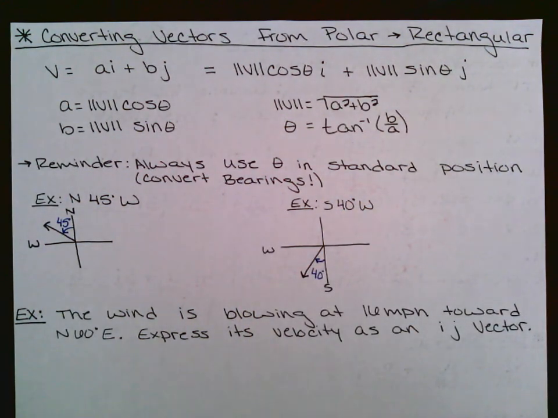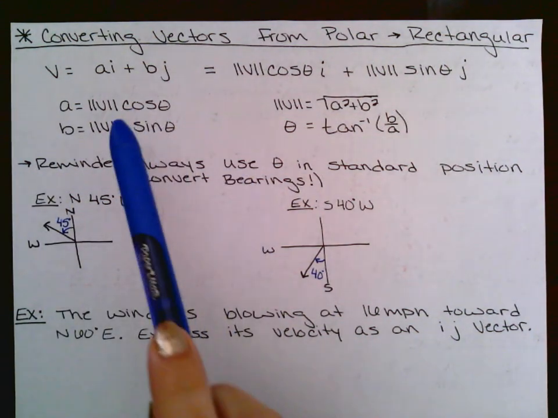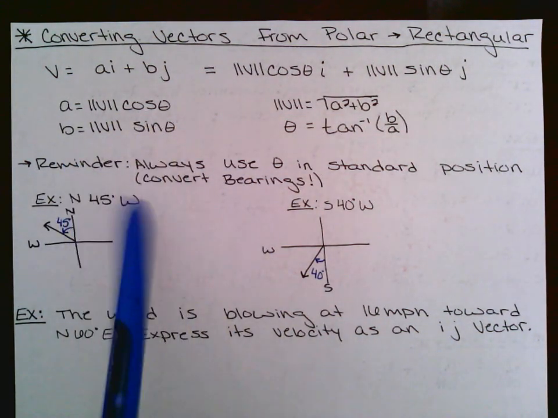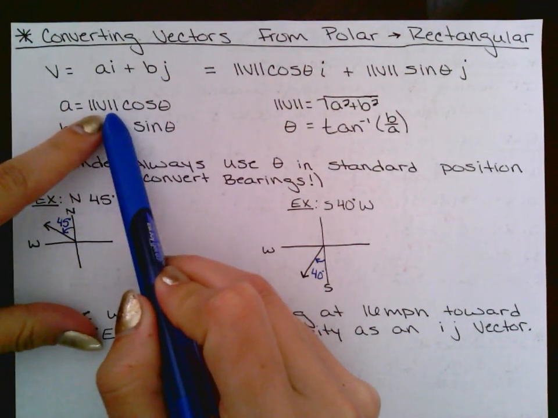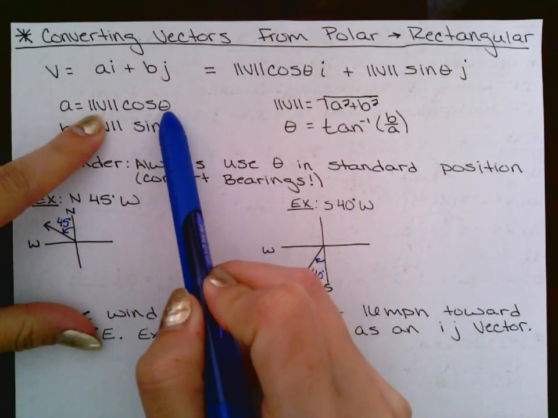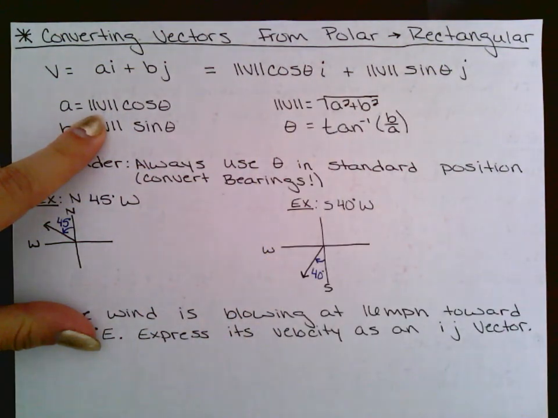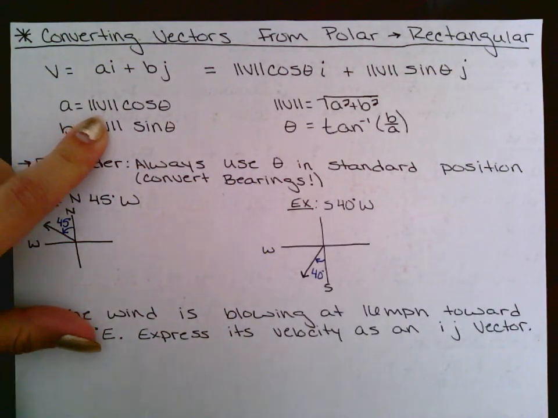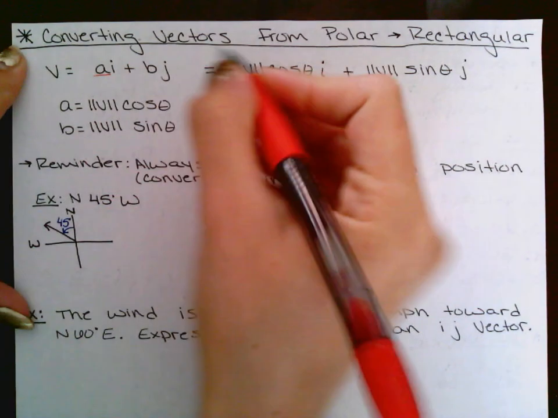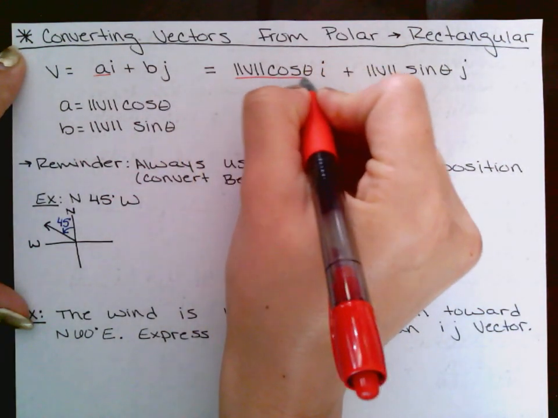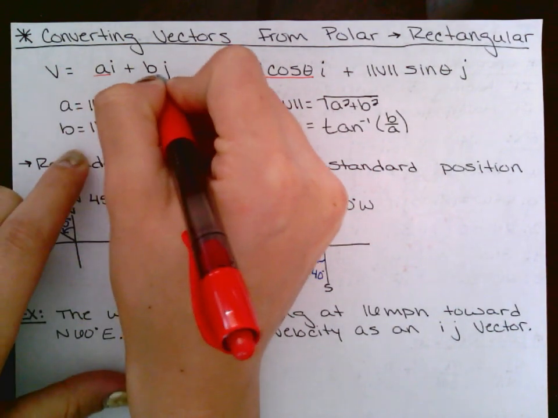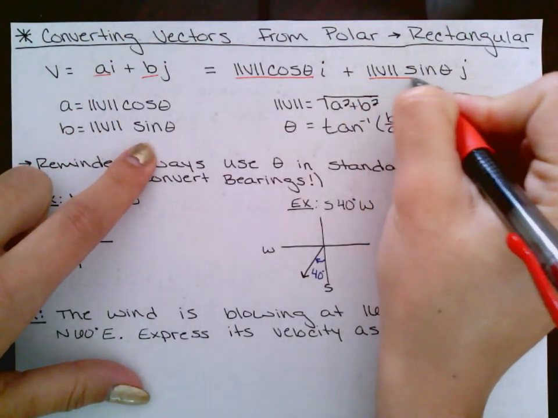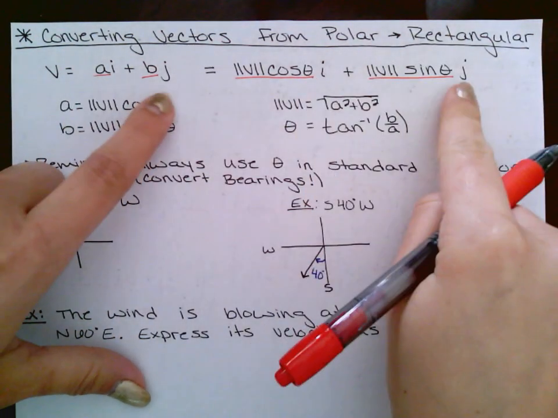Now, if you want to write this in polar form, you would just plug in what a equals: the magnitude times cosine of theta, in the spot of a in front of the i. So a is equal to magnitude times cosine of theta, and b is equal to magnitude times sine of theta, and then you just have the i's and the j's.